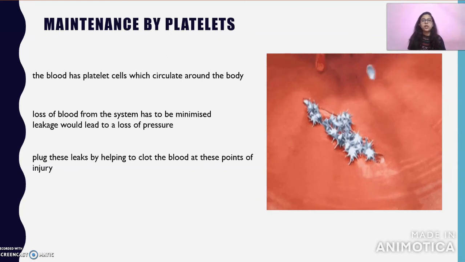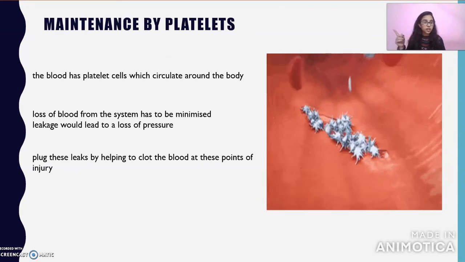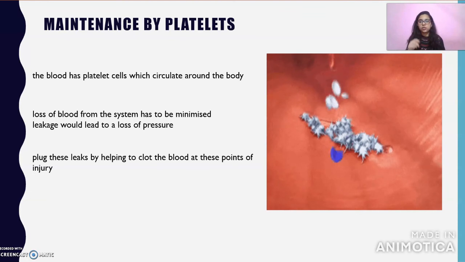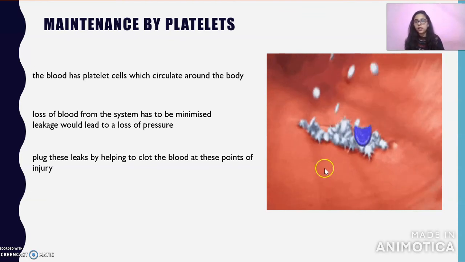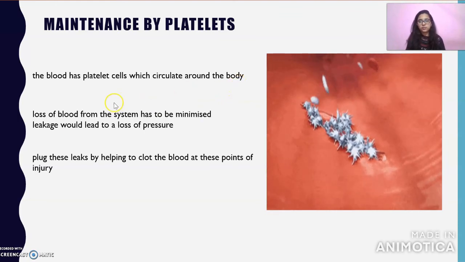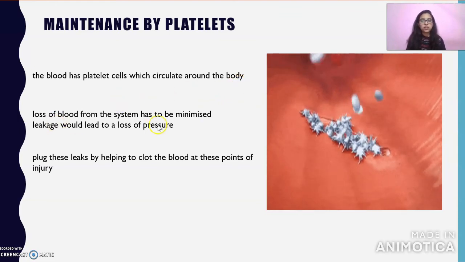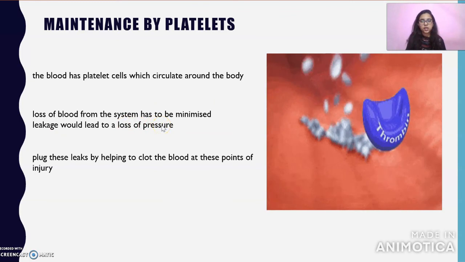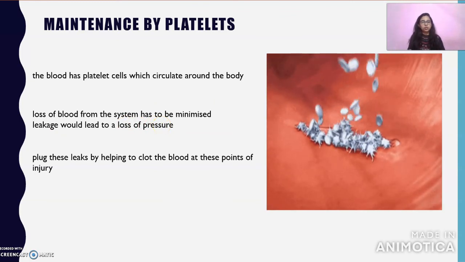Now, maintenance by platelets. As I told you, we will learn in detail, so let us learn in detail. The blood has platelet cells which circulate around the body. Loss of blood from the system has to be minimized. Leakage would lead to loss of pressure.